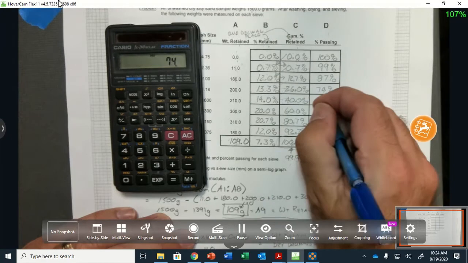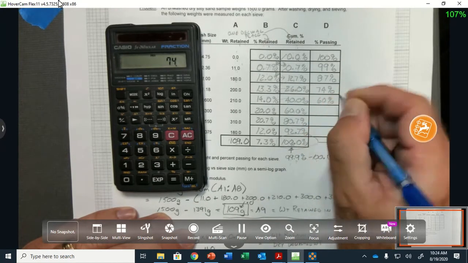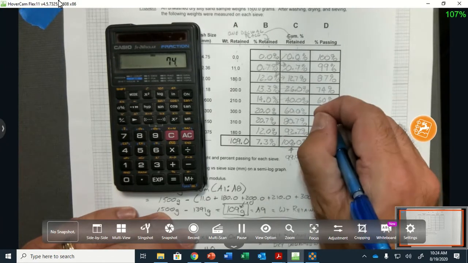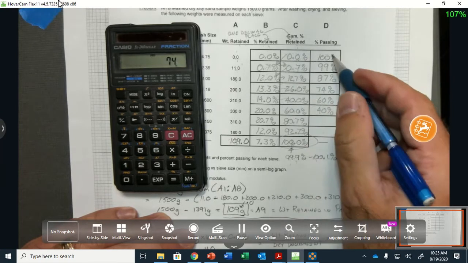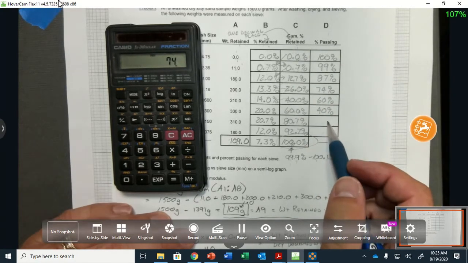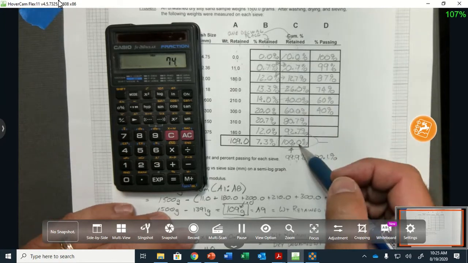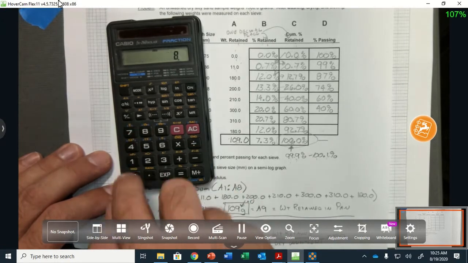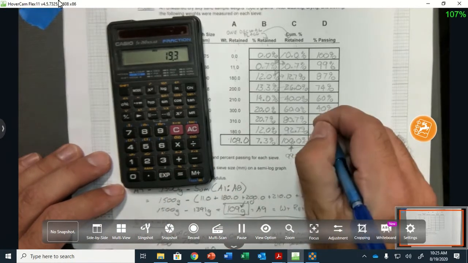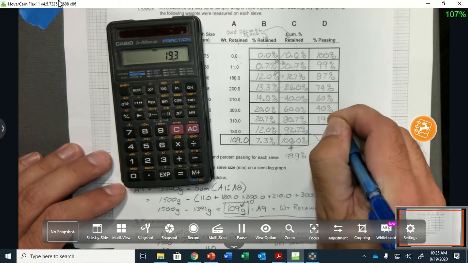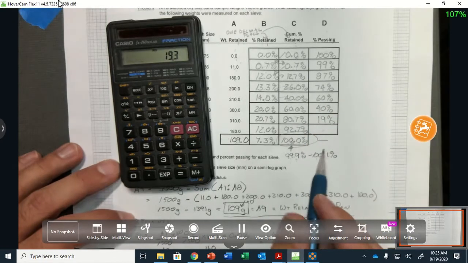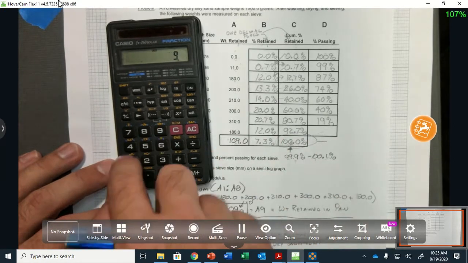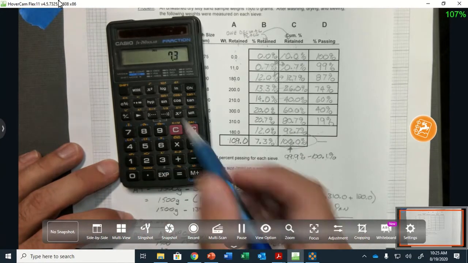This will be 60%, right, 100 minus 40 is 60. 100 minus 60 is 40%. The percent passing should get smaller and smaller as I go down. The cumulative should increase as I go down. All right, so 100 minus 80.7 is 19.3, but we're going to 19%. The last one here is 100 minus 92.7, 7.3%.